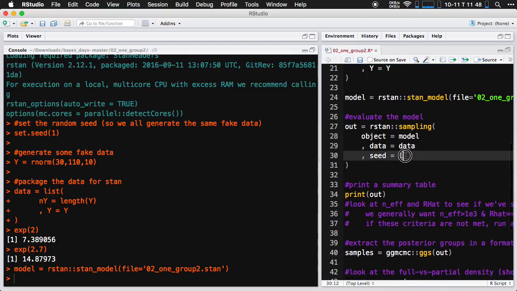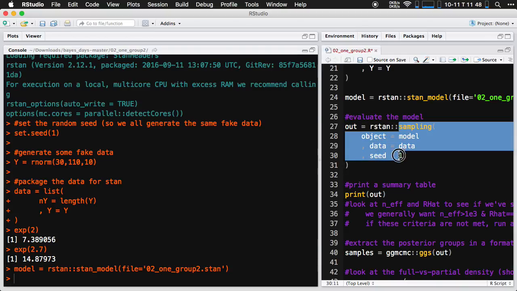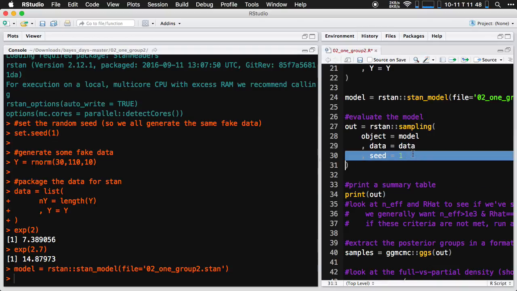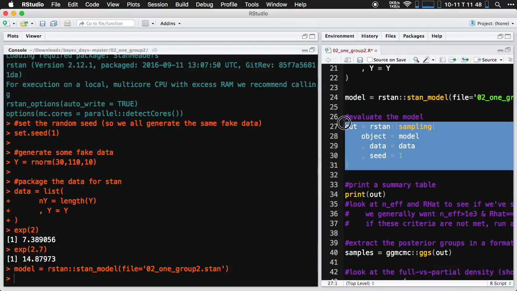And this last thing, seed, that's recommended because what this Stan sampling is doing is something a little bit random, and so you want to set the seed. Setting the seed means that if you come back a few days later and run this on the same machine, you'll get the same results.